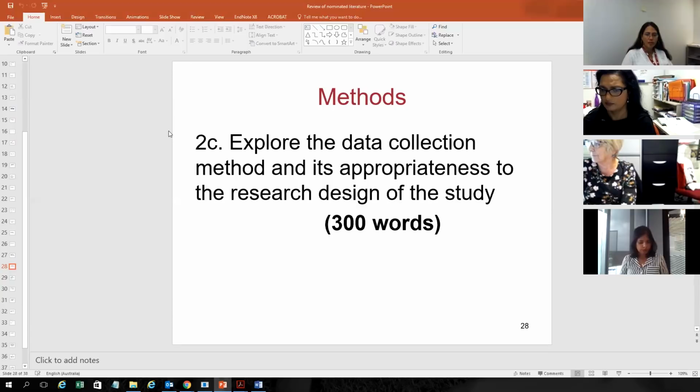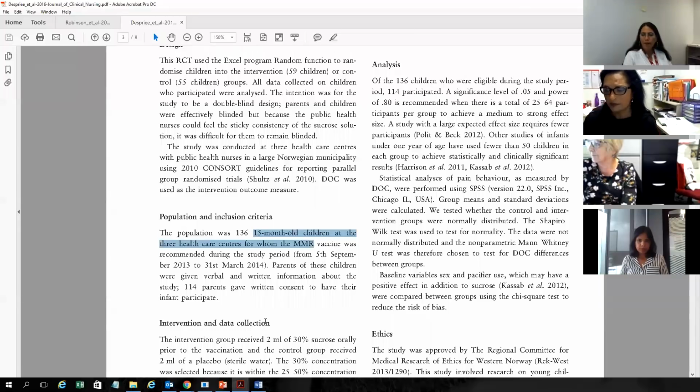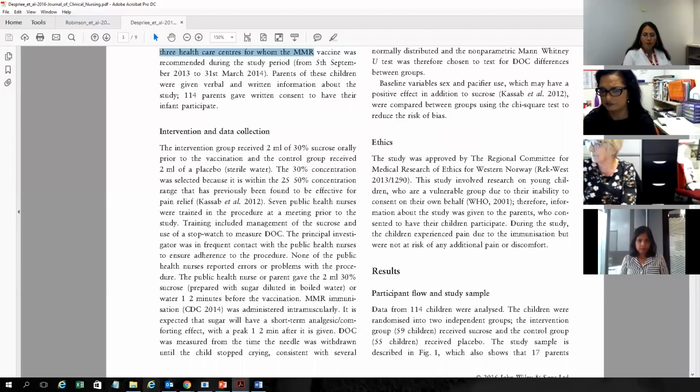And Suzanne, is it easier if you just bring up the one for us? Okay. So data collection method and appropriateness. So we want to figure out what is the data collection method. Okay. Now, which one have you got up there now? The quantitative one. Great.